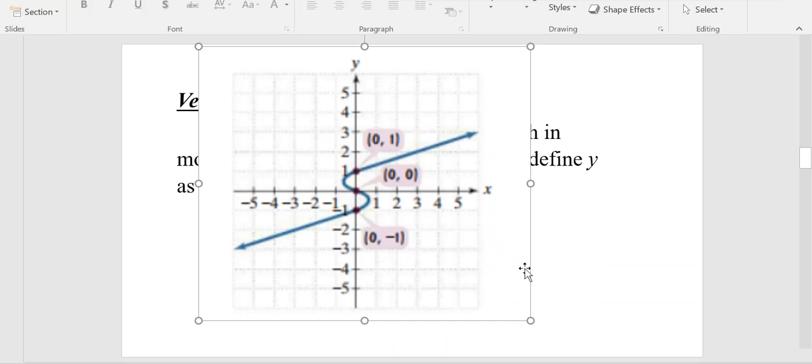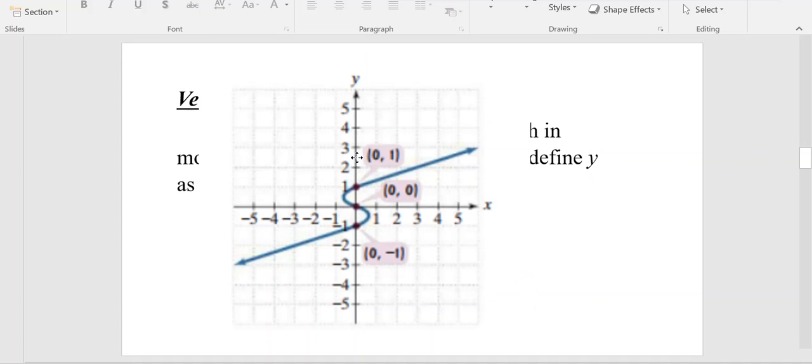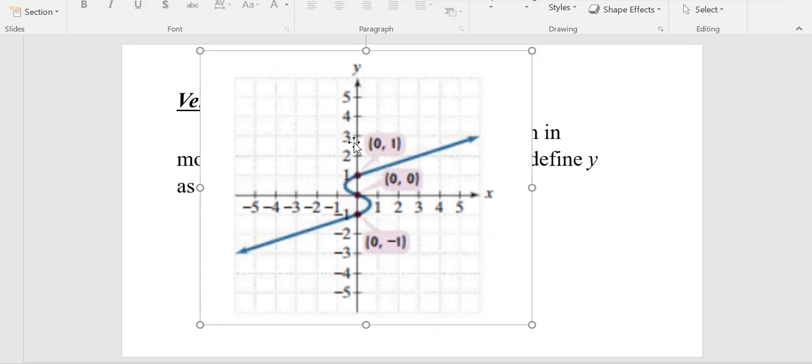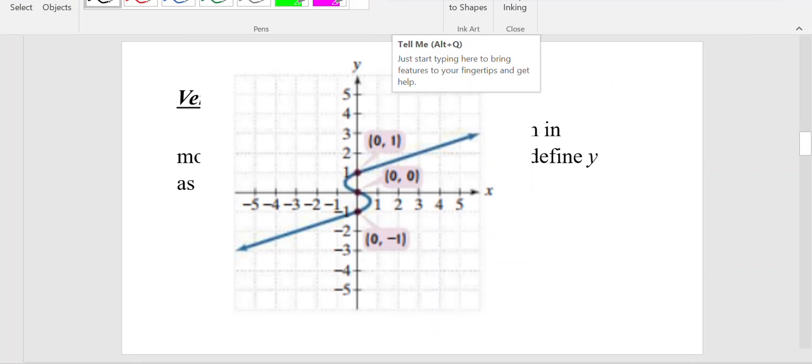Okay, so here is a graph that looks like an S, and we see that if I draw a line in the center, that red line, this is my vertical line, which is what we use for the vertical line test.